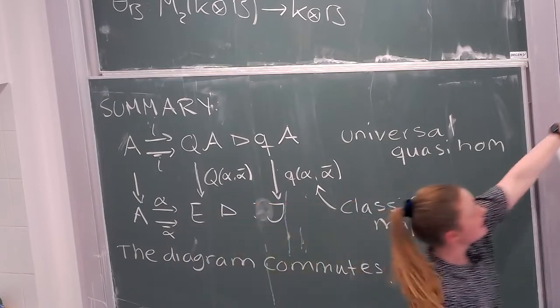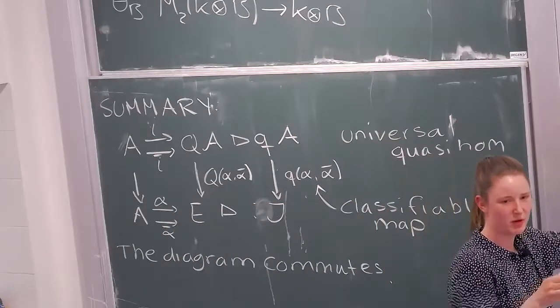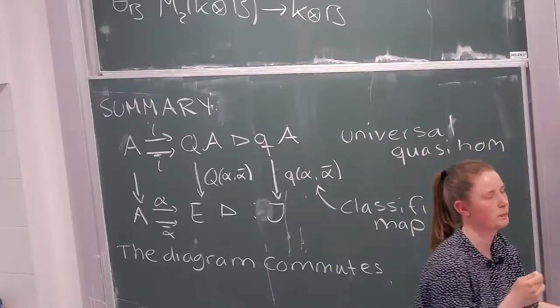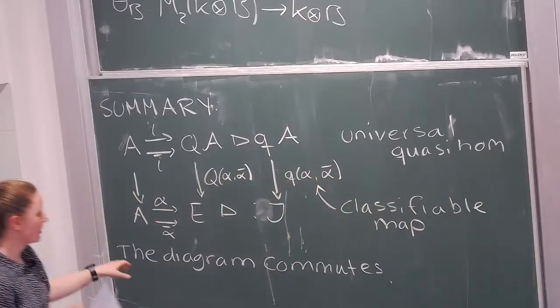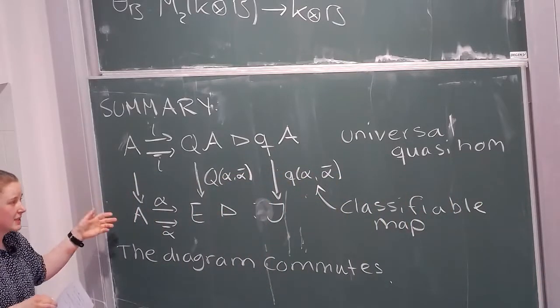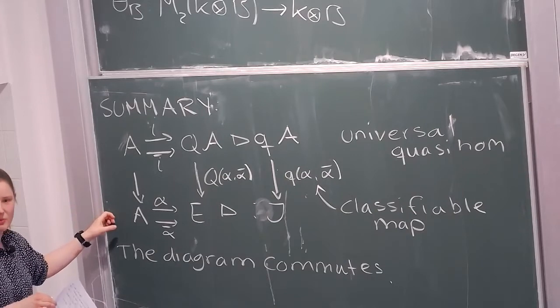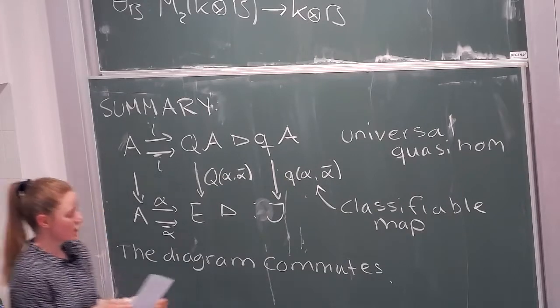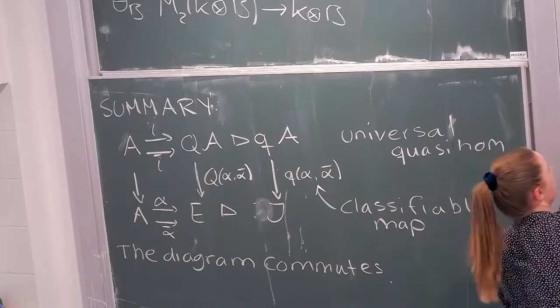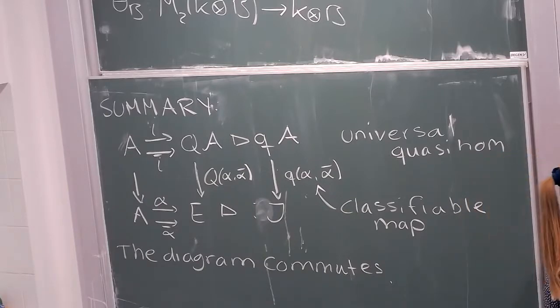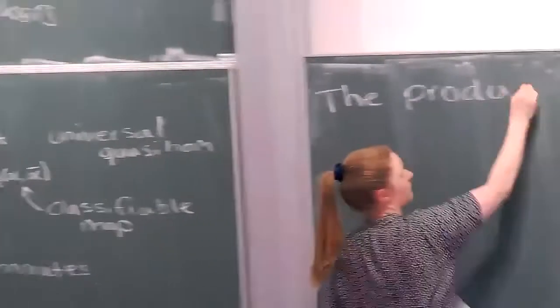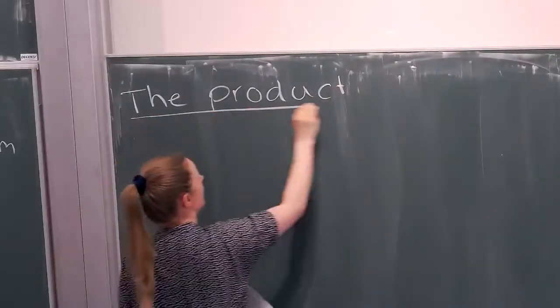So now let me say a few words about the product, because in this picture here, the existence of the product and associativity becomes more clear. But of course, there's still some technicalities.